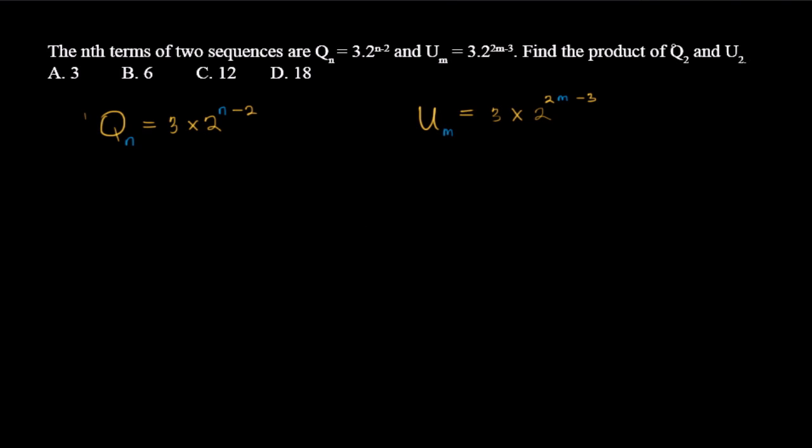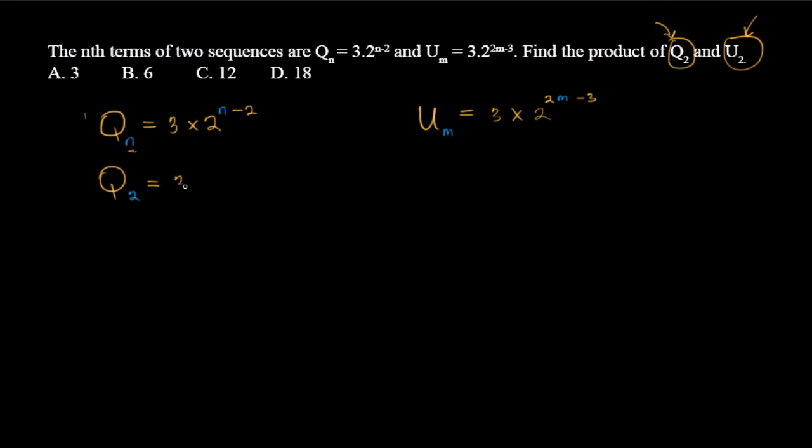Now it says find the product of q2 and u2. To find the product, I need to first find what q2 is and what u2 is. Given q sub n equals 3 times this, to find q sub 2, anywhere I find n, I replace it with 2.